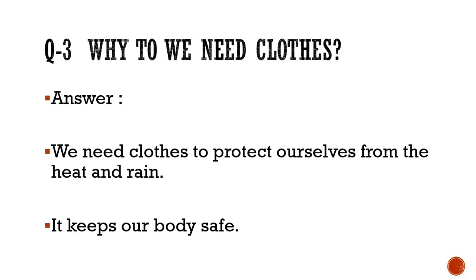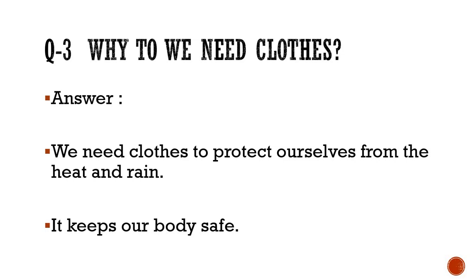Let me just read and explain it to you so that you will be able to understand the answer and will be able to write it down in proper time. We need clothes to protect ourselves from the heat and rain. It keeps our body safe. Why do we need clothes?